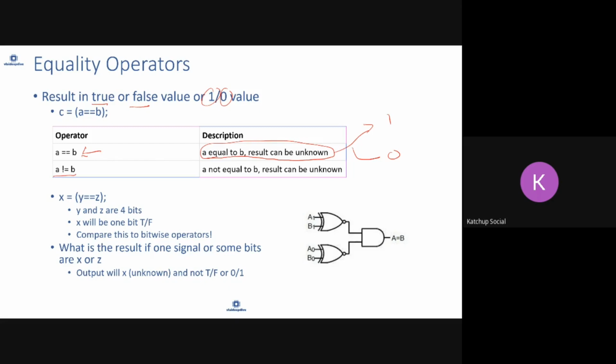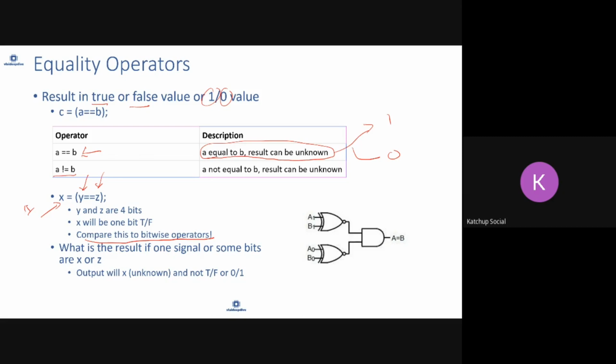The equality operator can also be done on buses. If you're comparing two buses, when Y and Z are 4 bits, the output will still be 1 bit. The output will not be 4 bit. It is checking whether each and every bit of Y and Z match, and then the output will be 1.